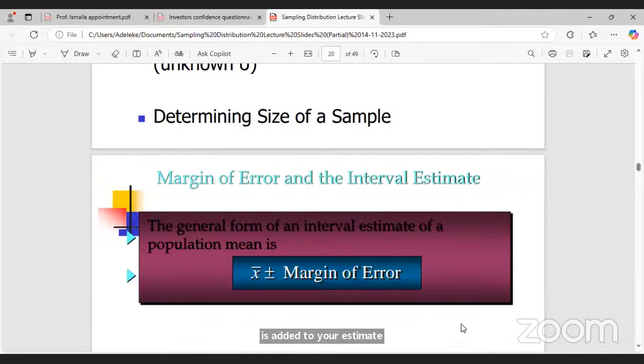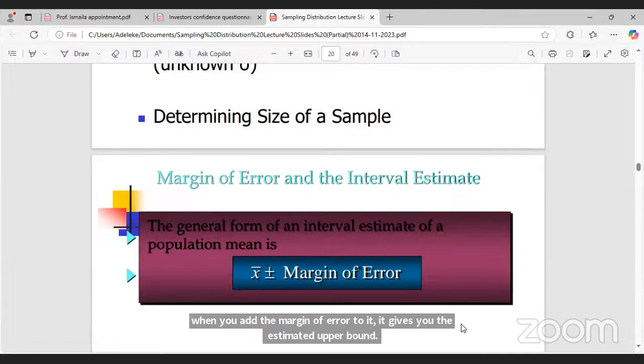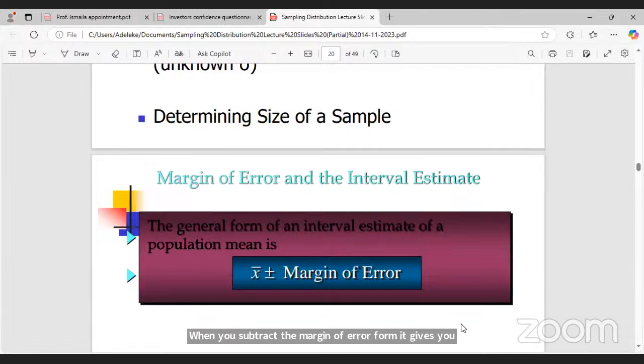The margin of error is subtracted from your estimate to give you the lower bound. So which means that if you are constructing a confidence interval, the difference is that you have your target estimate plus or minus the margin of error. When you add the margin of error to it, it gives you the estimated upper bound. When you subtract the margin of error from it, it gives you the estimated lower bound.